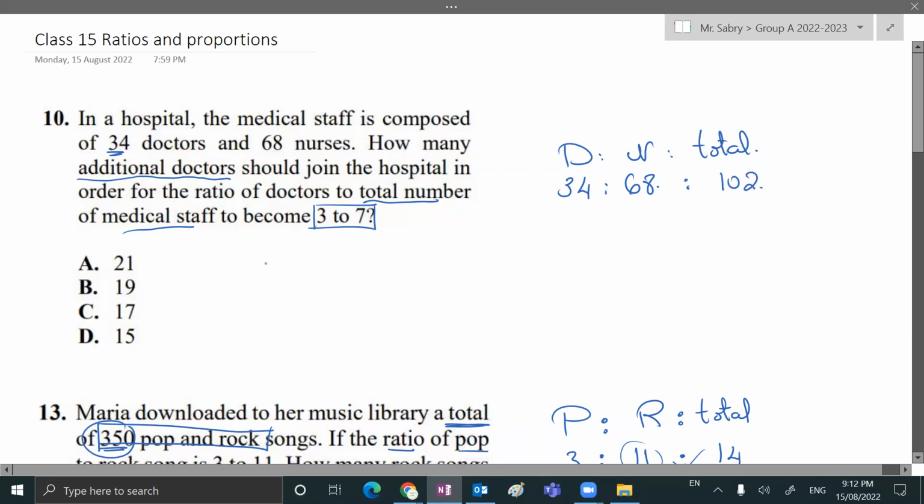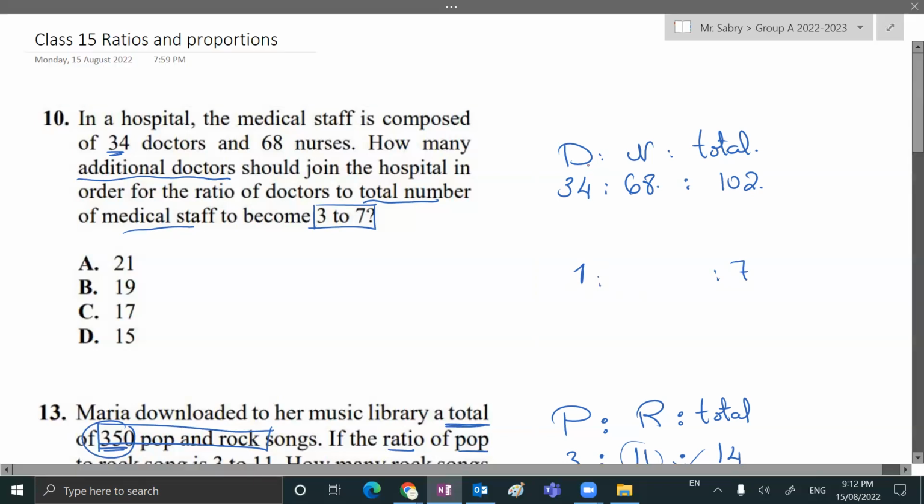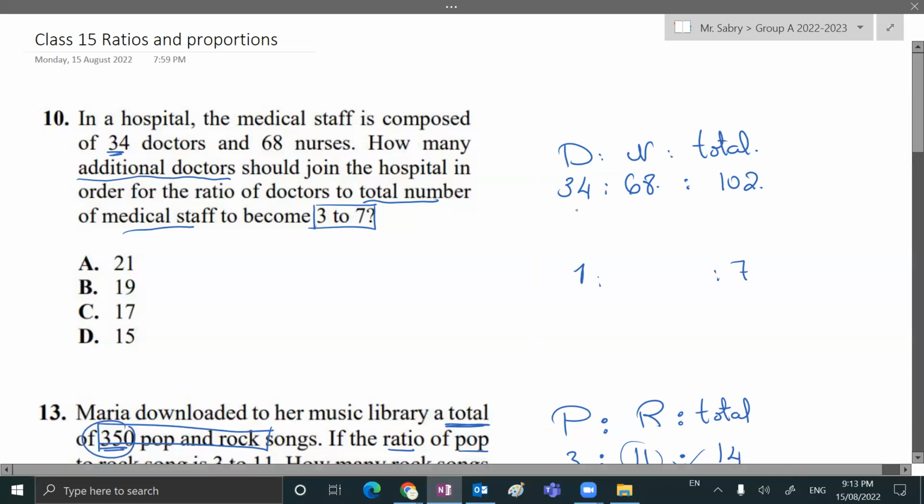طيب I need أعرف قد إيه، أزود قد إيه على الدكتورز عشان يبقى الريشيو 3:7. Now please understand something. إن الأماونت اللي هزوده على الدكتورز، أنا لما أزود الدكتورز كده التوتال ميديكال ستاف كمان زاد. يعني لو جبت 3 دكتورز زيادة يبقى التوتال كمان زاد 3. سو أنا عايز أزود على الدكتورز عدد أنا ما أعرفوش، يعني يبقى 34 plus X، وعايز أزود على التوتال نفس الرقم.